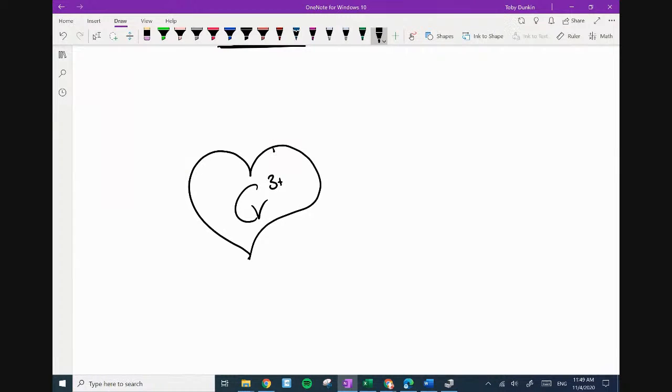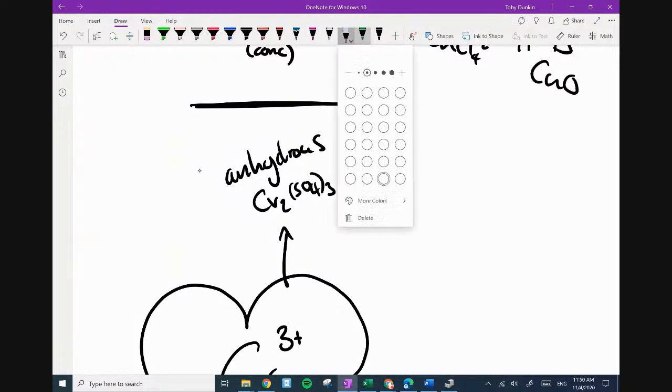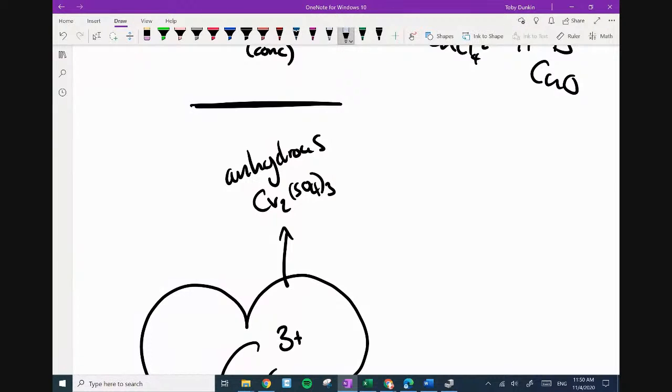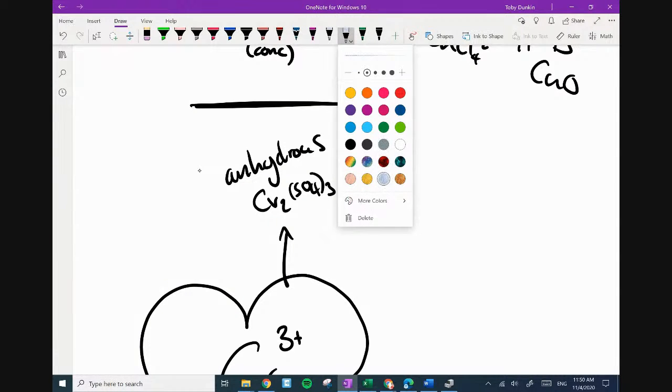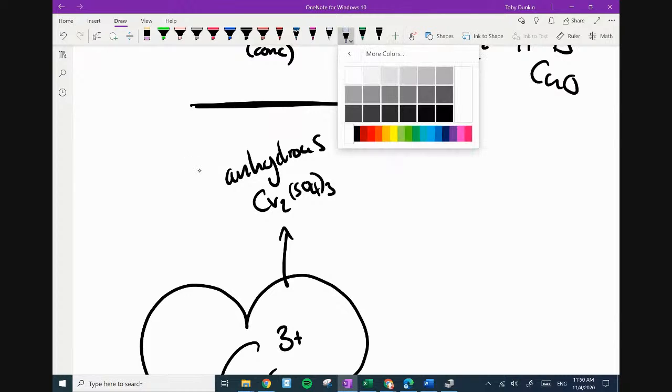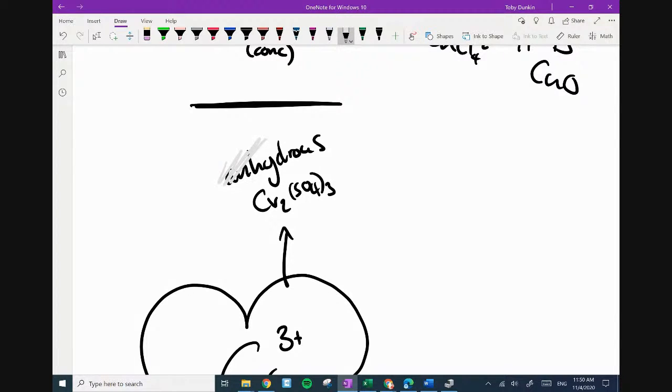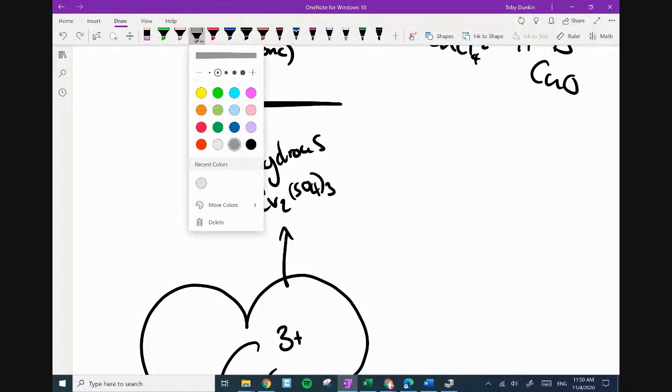So first things first, the anhydrous salts, let's do chromium 3 sulfate, are going to be white. These guys are colorless, but as a solid, it's definitely going to be white. Oh, I need a highlighter, which is pale, really thick.